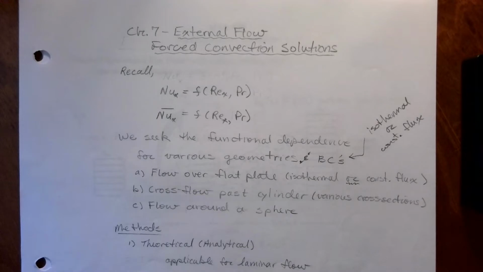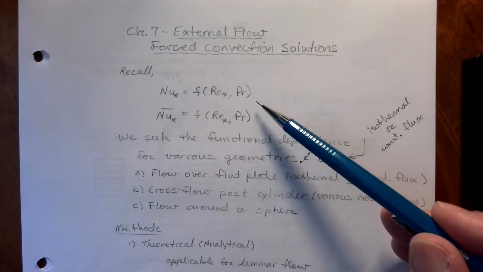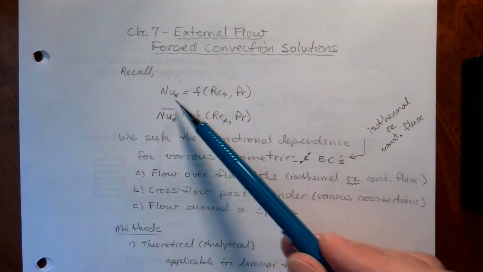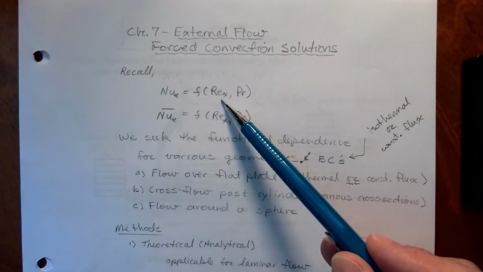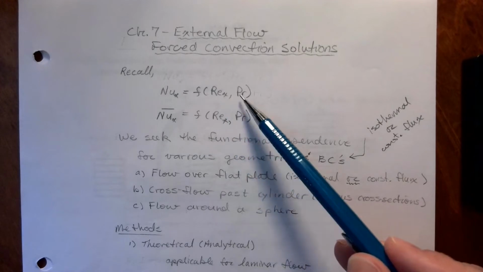So the solutions are provided in terms of correlations, empirically determined, or sometimes just analytically determined, but they're presented in terms of dimensionless parameters. So this is our scaled heat transfer coefficient, h L over k of the fluid, Reynolds number, U times x divided by nu, and a Prandtl number.